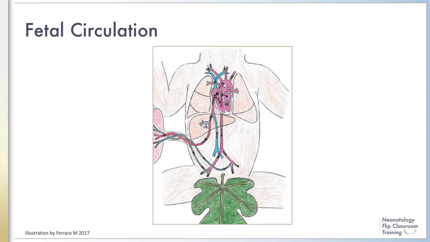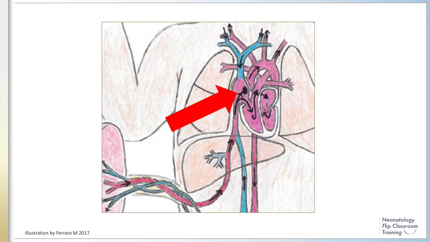Let's review the way the intracardiac and extracardiac shunts function during normal fetal circulation. In the fetus, oxygenated blood from the placenta travels through the umbilical vein to the ductus venosus and then enters the IVC. Blood flow entering the right atrium from the IVC preferentially streams across the foramen ovale into the left atrium. This preferential streaming ensures that blood going to the fetal brain and coronaries is highly oxygenated.